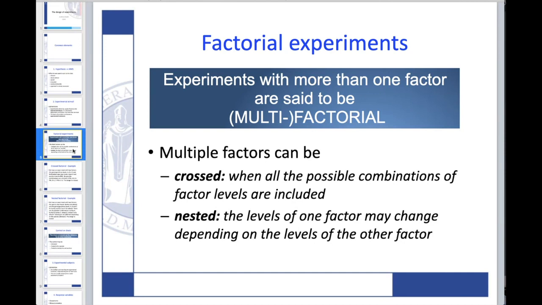Now we need to combine the 2 factors, and we can combine them in 2 different ways. We can have crossed factorials and nested factorials. When we have crossed factorials, we include all the possible combinations of factor levels. When we have nested factorials, we do not include all possible combinations. But I will give you an example, otherwise I assume that this is not clear.